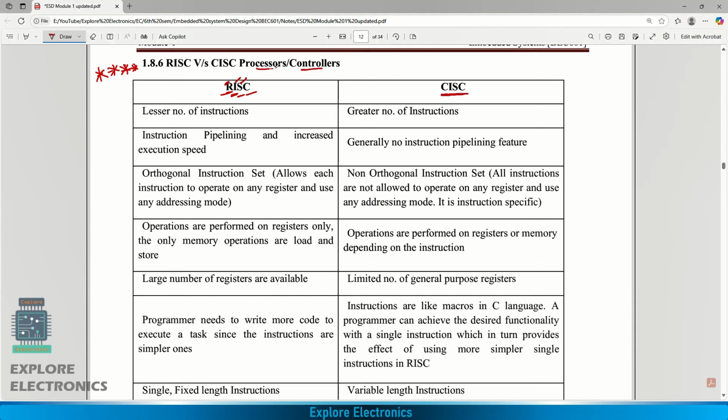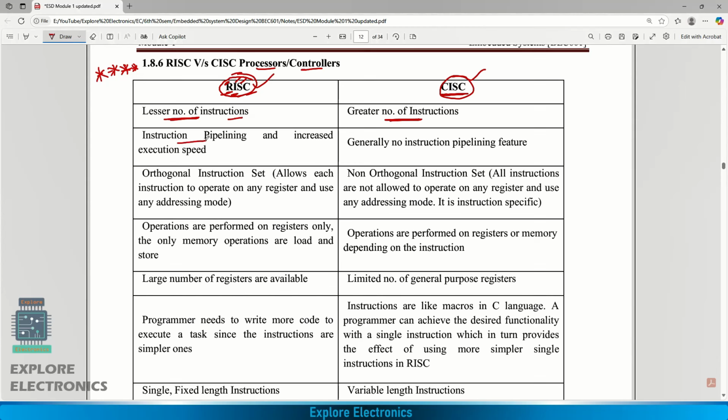So a controller or a processor, if you take, will be based on the RISC type or the CISC type. Here, in RISC, a lesser number of instructions. Here, in CISC, a greater number of instructions. Many instructions are there in this kind of architecture, and in RISC, very few instructions.